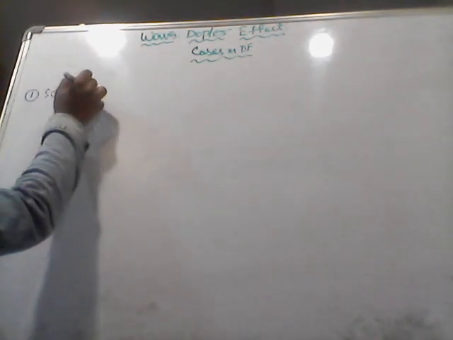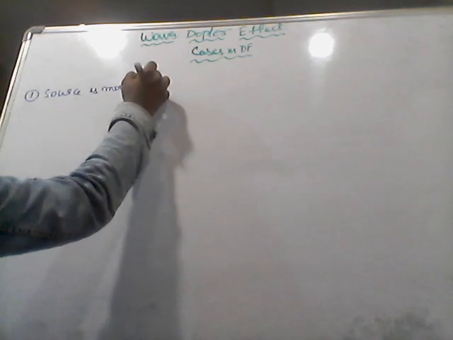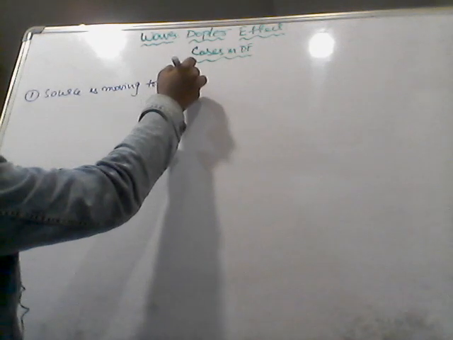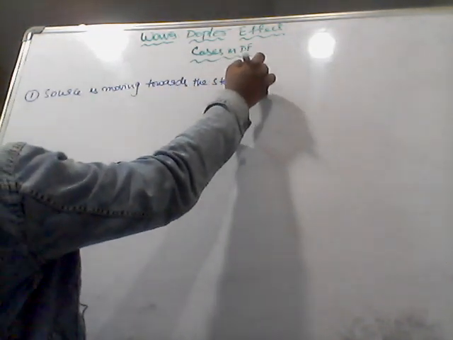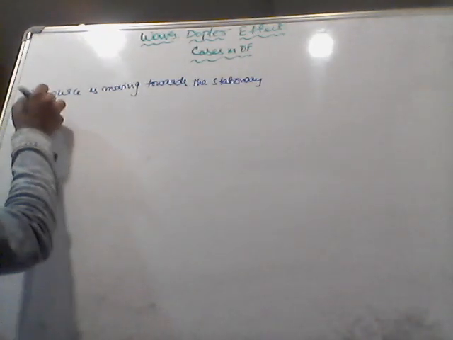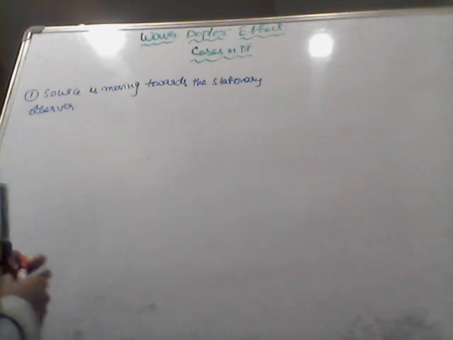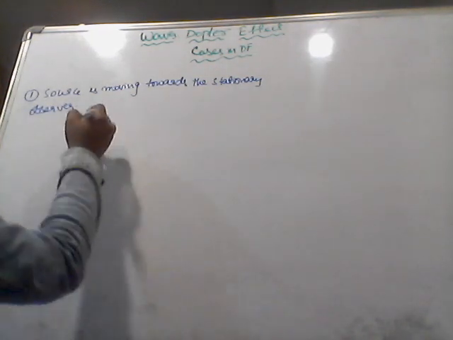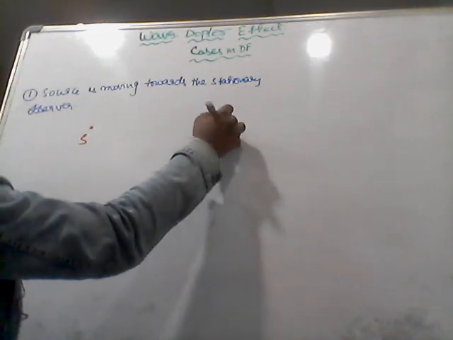When the source is moving towards the stationary observer or object, anything is fine, let us draw a small pictorial representation for the same. This is the source, this is the object.